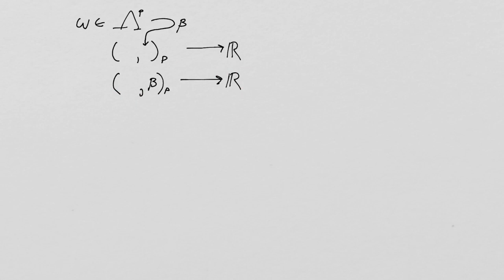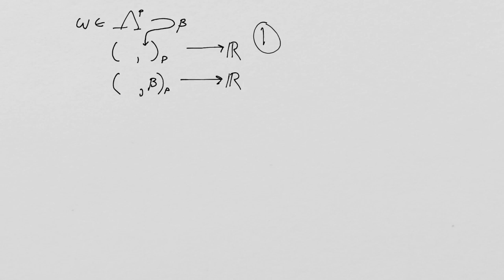So that's one method. In order to do this though, I need sort of a reference P form to slide into one of the slots on this inner product. And then any other member of the pth exterior power, I can generate a real number. So that's one way. We'll call that method 1.